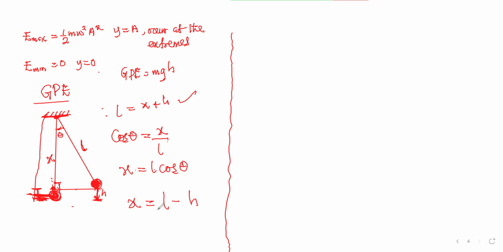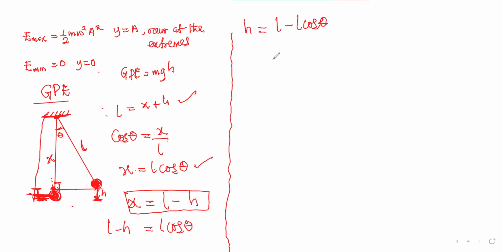All right. So if x is equal to L minus h, let's substitute this in place of x in this equation. We have L minus h equal to L cos theta. Therefore, that vertical height h would be equal to L minus L cos theta. Taking L out, we have L times 1 minus cos theta.